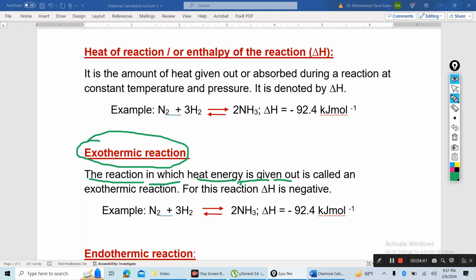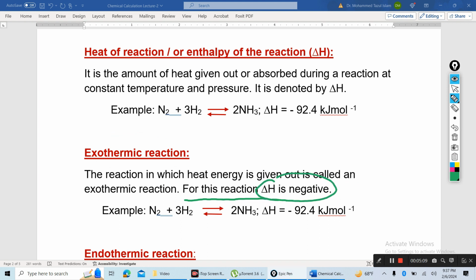Given out means produced or released, is called an exothermic reaction. For this reaction del H value is negative. I mean, for exothermic reaction delta H value will always be negative.